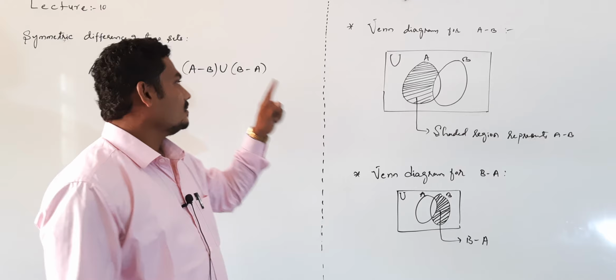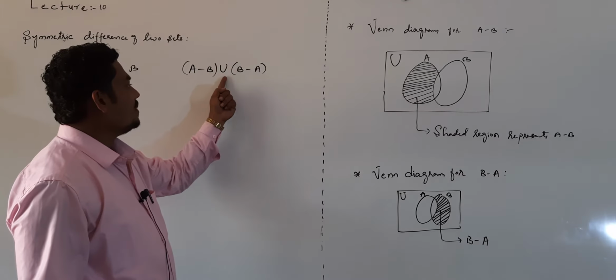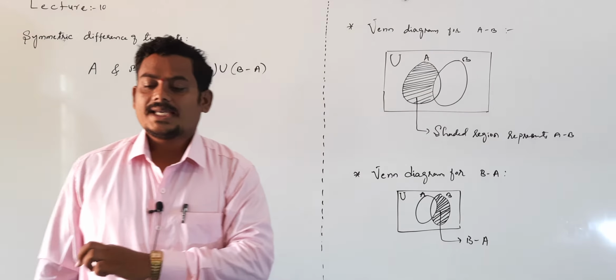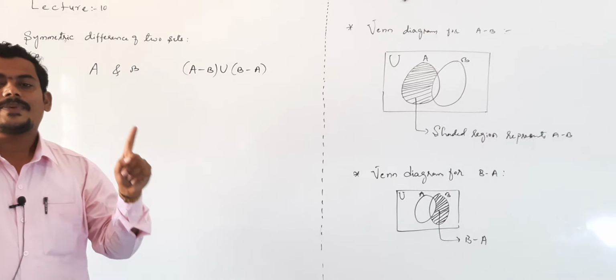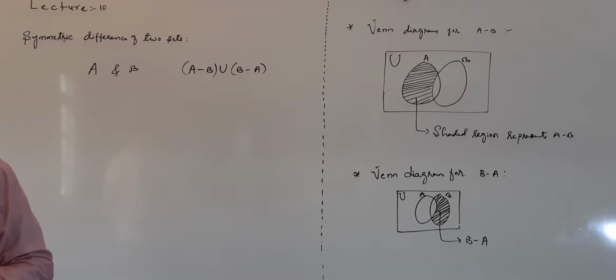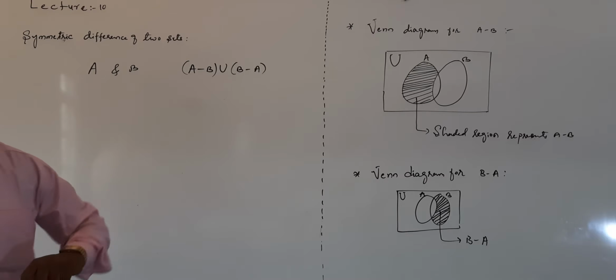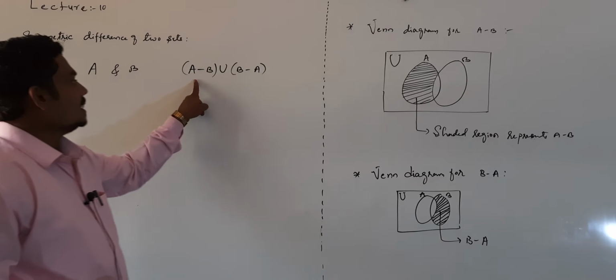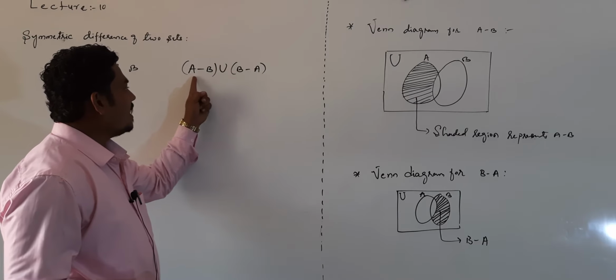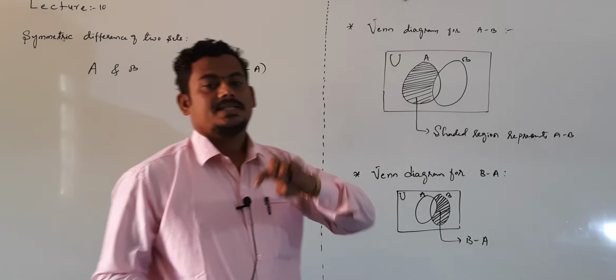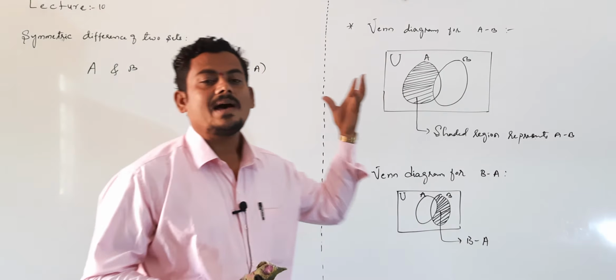Then the set A minus B union B minus A is called the symmetric difference of the sets capital A and capital B. The set A minus B union B minus A, this is one of the sets.